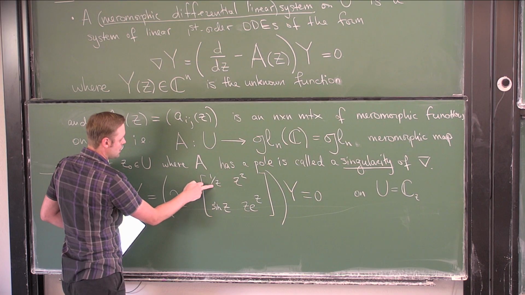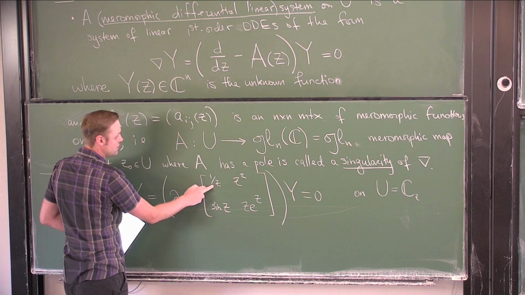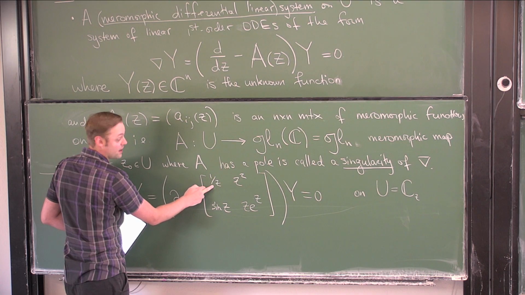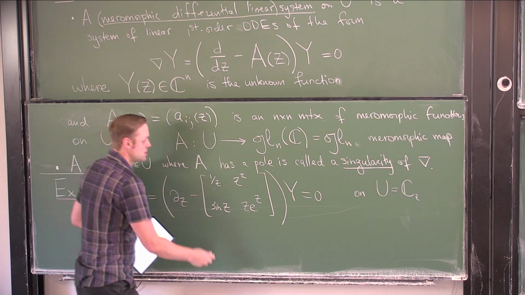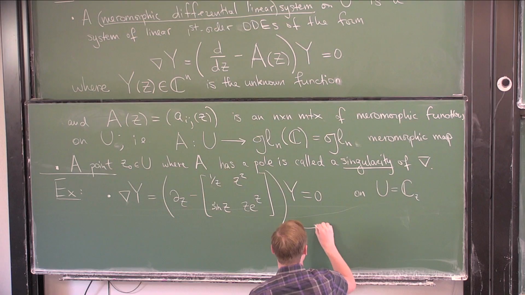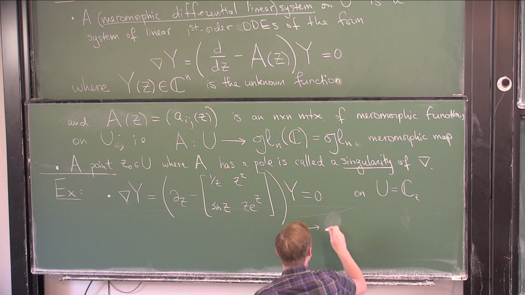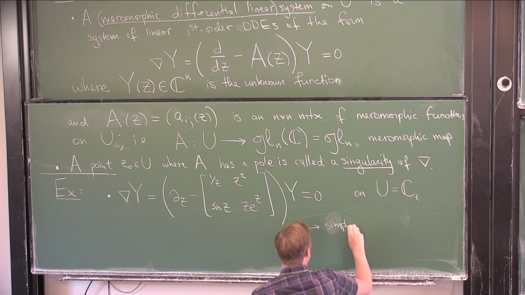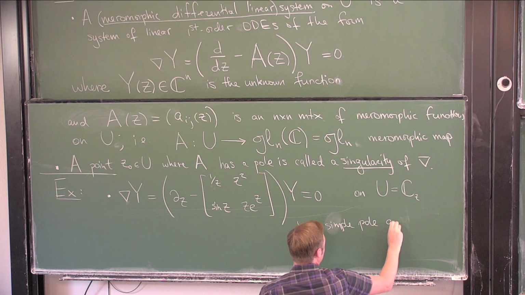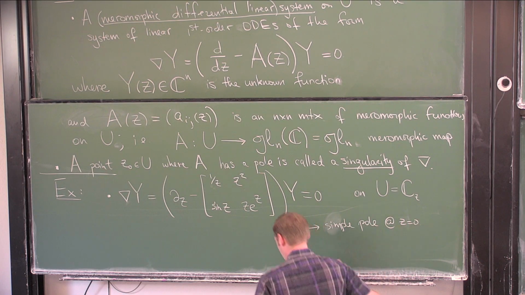This one, 1/z, is a function defined everywhere on C except that it has a pole at z equal to 0, so there's a singularity. It's a simple pole at z equal to 0.